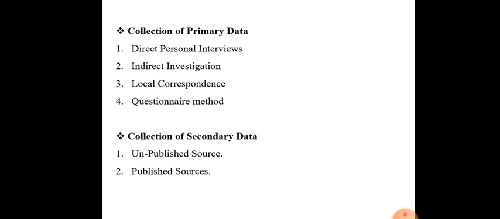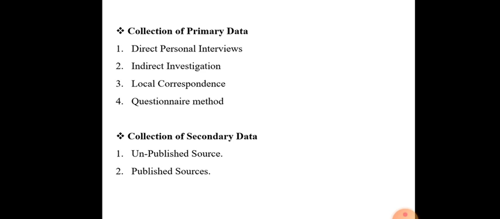You can also include central and state government publications, where the government collects and publishes various statistics like crop production, population statistics, wages and labor statistics, trade statistics, etc., for smooth administration and to frame policies and plans. So this is about the published sources.